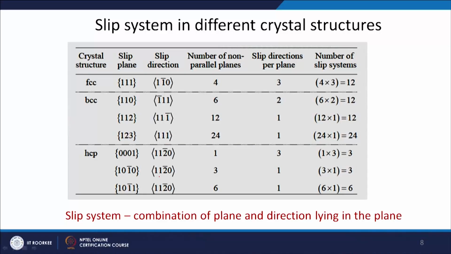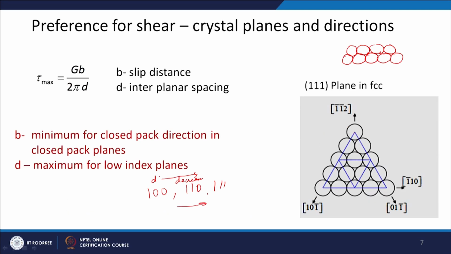For example, slip systems in different crystal structures: I just want to tell you that in FCC cubic crystal, this is a 111 plane, and you will get 4 111 planes like this.